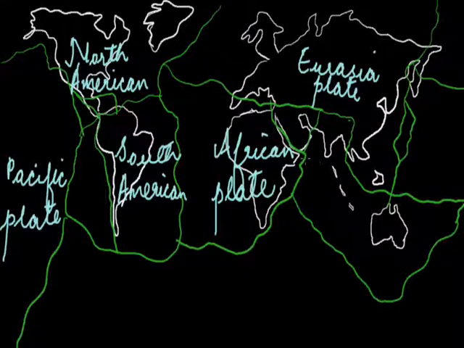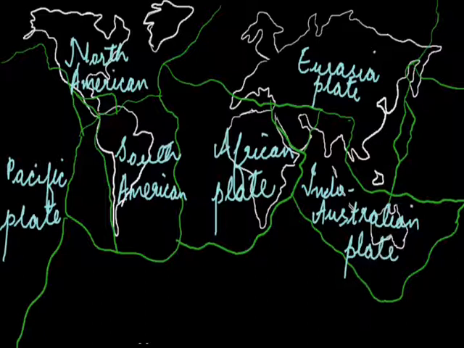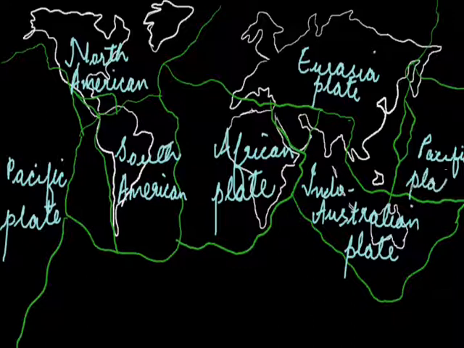And comprising India, we have the Indo-Australian plate. This Pacific plate extends up to this part also, so here also we can write that this is the Pacific plate. And this is the Antarctic plate.